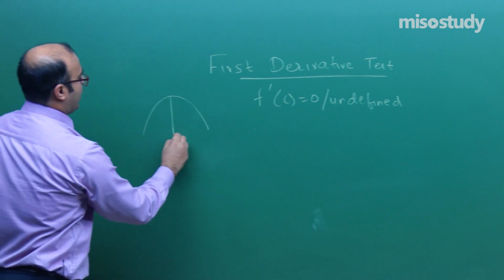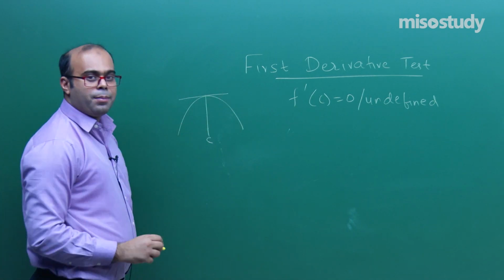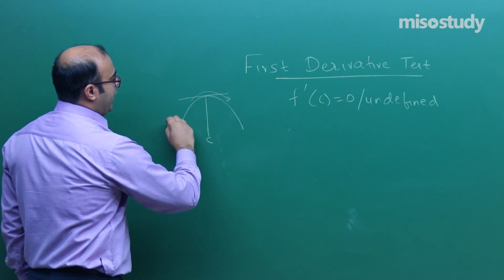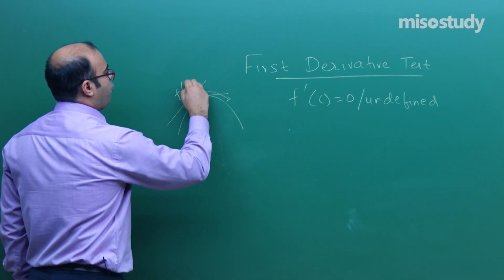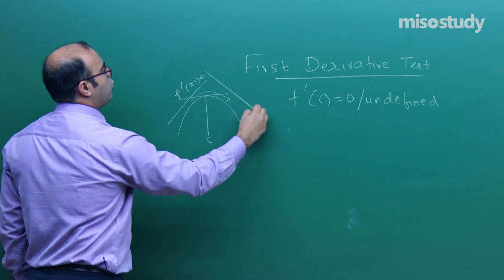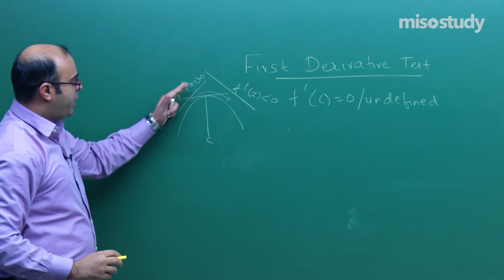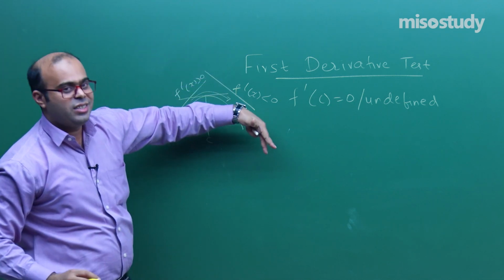This is a point of maxima. What happens at maxima? If you cross the point C, the derivative changes from positive to negative. Slope of the tangent here is positive and slope of the tangent here is negative.